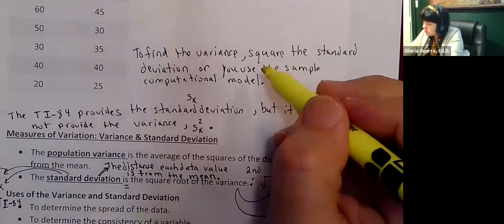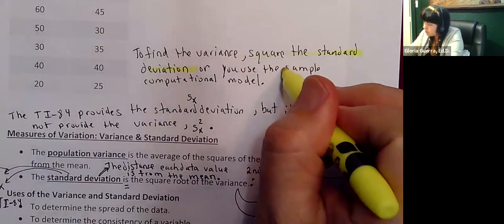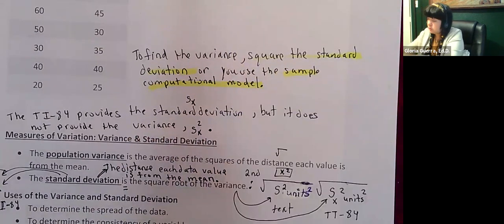So you either square the standard deviation or you use the sample computational model formula. It's a formula.